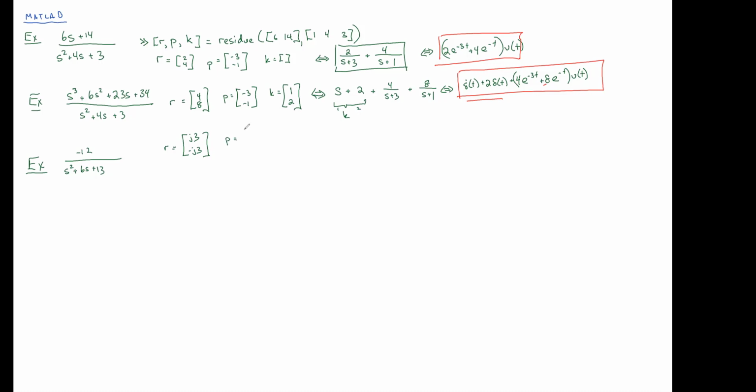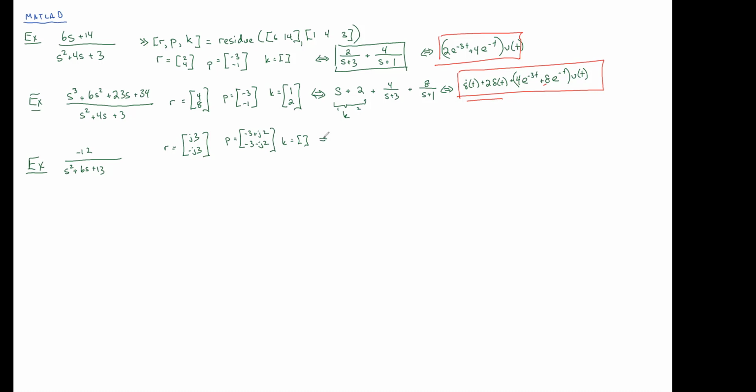And our denominators, our poles, will also be complex conjugates. So if one is -3 plus j2, notice how even MATLAB has the first number always with opposite signs. The next will have to be its conjugate. This is a proper fraction, so for this our k will again be empty.